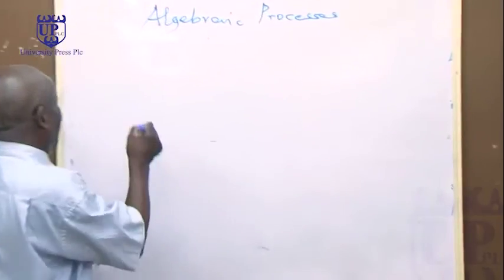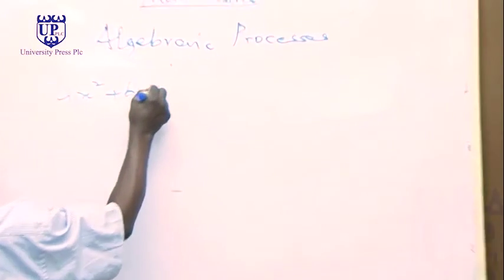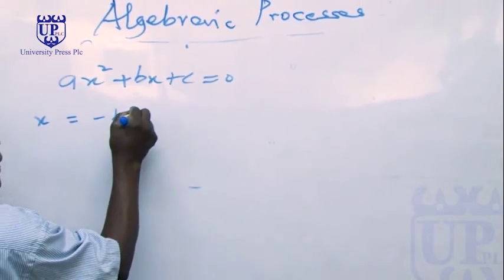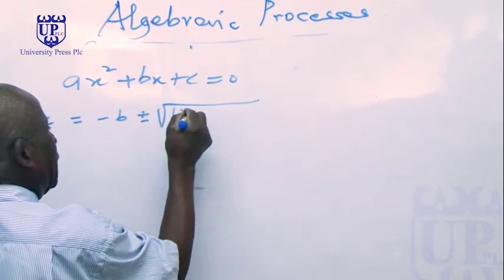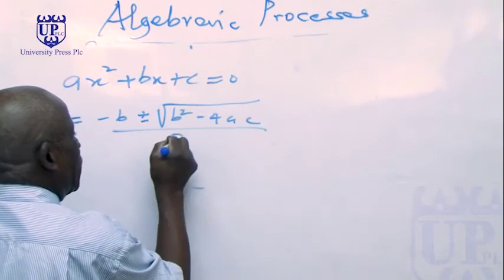I told you, when you have a quadratic expression ax squared plus bx plus c, if you equate it to 0, this is quadratic, it becomes an equation. The values of x are minus b plus or minus the square root of b squared minus 4ac, everything divided by 2a.